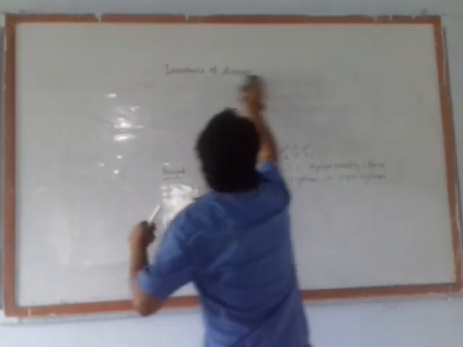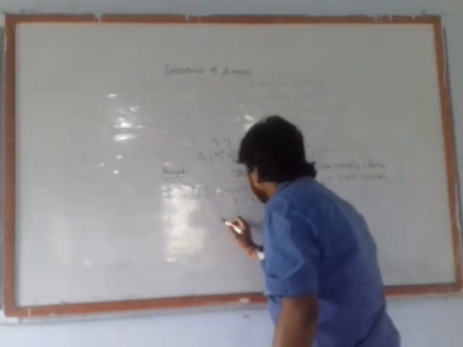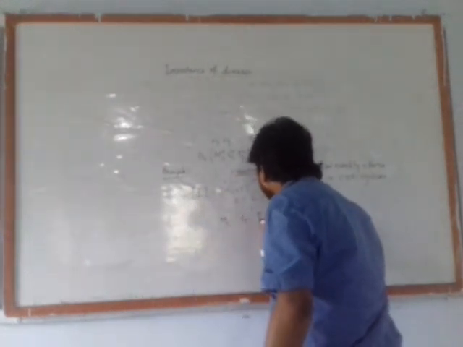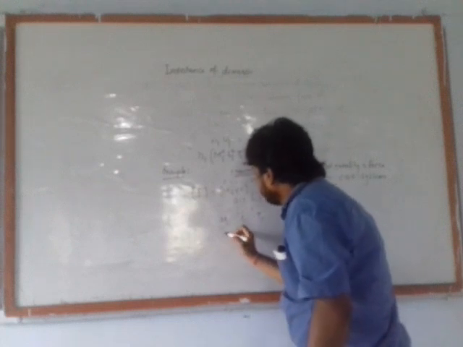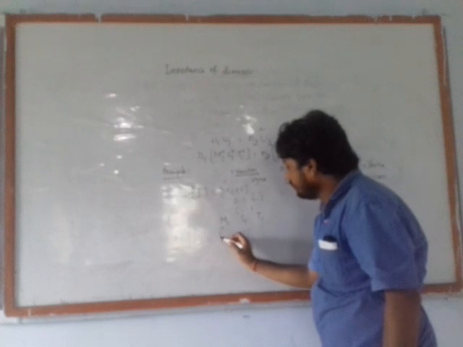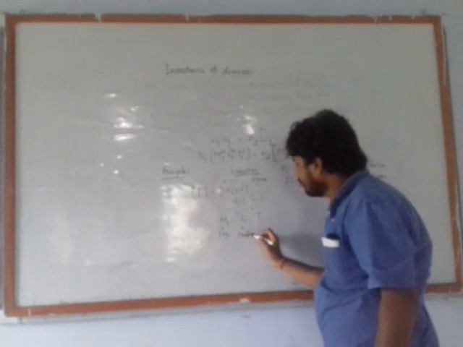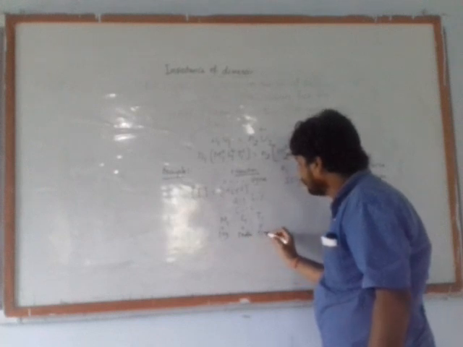Now what do we need to find? We know M1, L1, T1 here. M1 is definitely kg, because this is an SI unit, so we write the unit of kg. L1 is definitely meter, so we write the unit of meter. T1 is definitely 1 second.